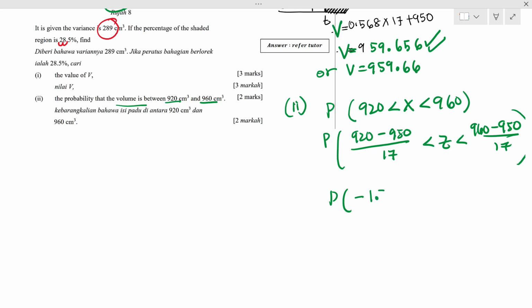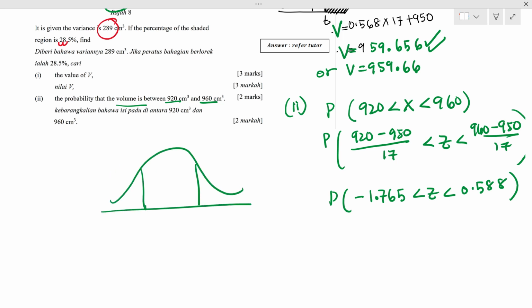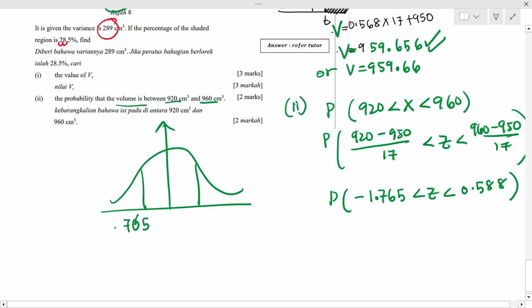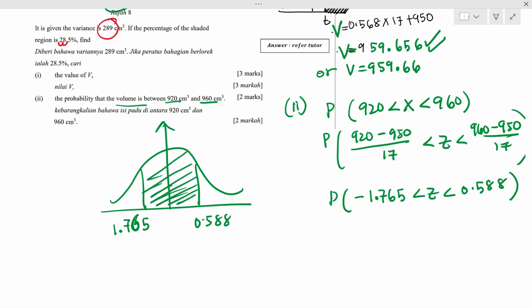You should be getting 1.7647, round to 1.765. And then 960 is 0.588. Okay, so when we draw a bell-shaped diagram for this and then shade it because it is in between, we know how to convert this probability.